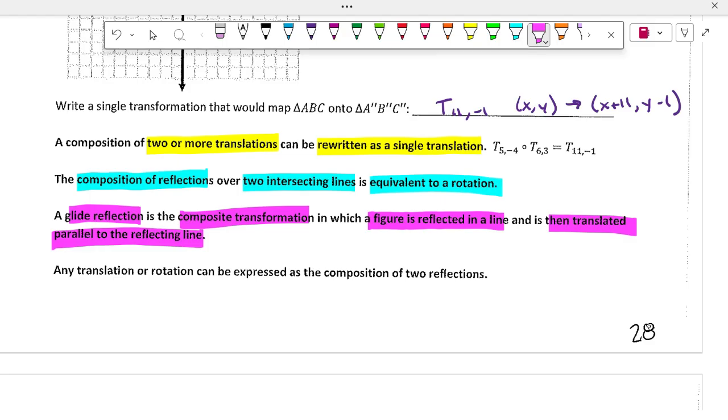You have to do your translation first, and then your reflection. And then let's say that my reflection would be at 0, 2.